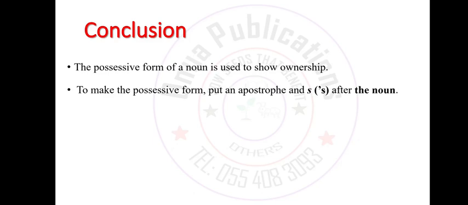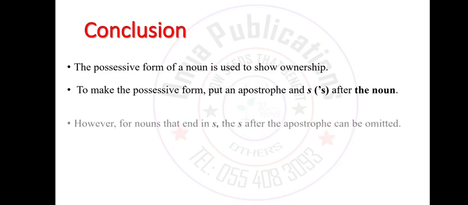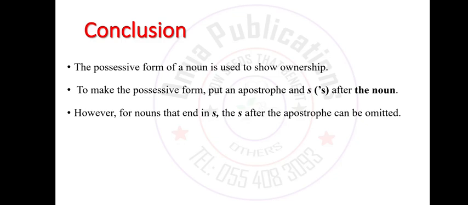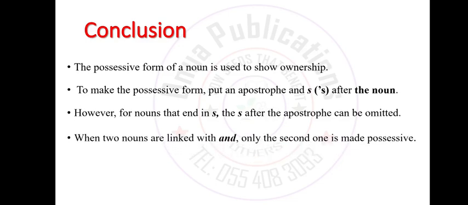Or you can still put an apostrophe there and bring the S. When two nouns are linked with and, only the second one is made possessive.